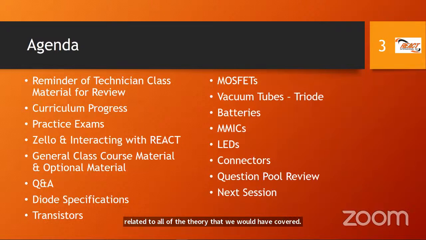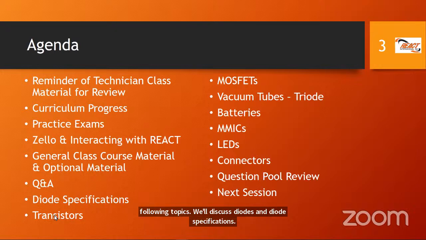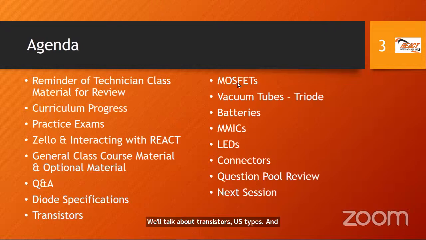For this evening's session, we will be looking at the following topics. We'll discuss diodes and diode specifications. We'll talk about transistors, various types, and specifically we'll deal with a type of field effect transistor known as MOSFET.